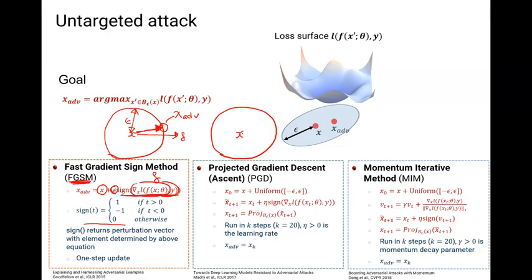Instead of one step going to the boundary, we move more or less along the gradient by small steps, and then probably reach this point at the end. You may ask why the gradient direction will change over time. First of all, we choose a small step; this notation indicates small steps. When moving along the gradient, you may ask why the gradient will change.